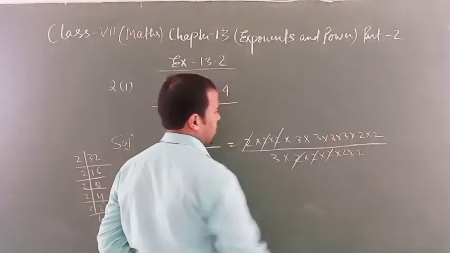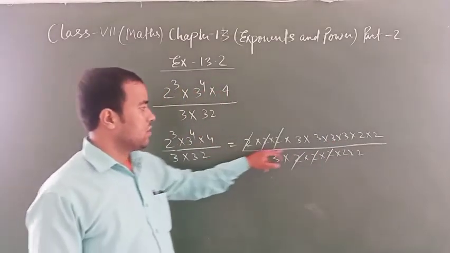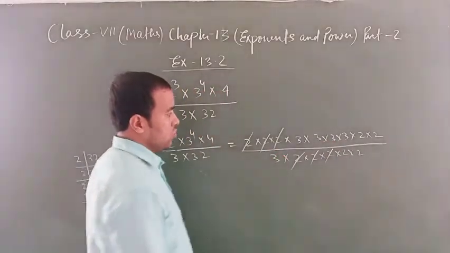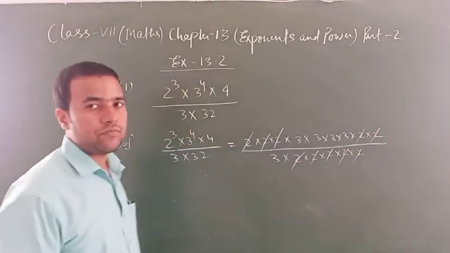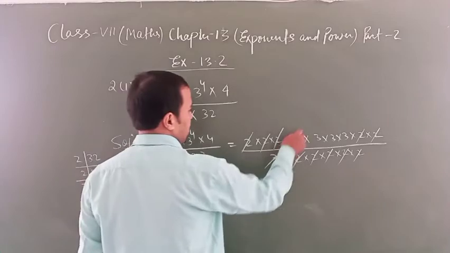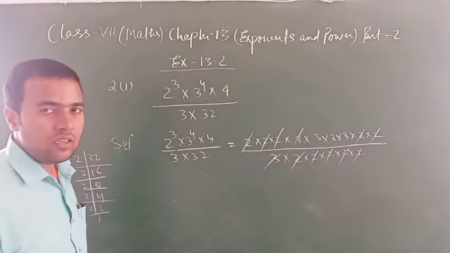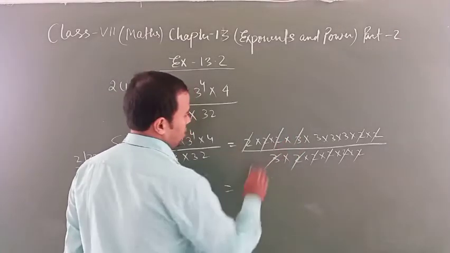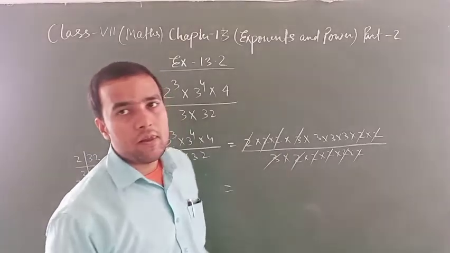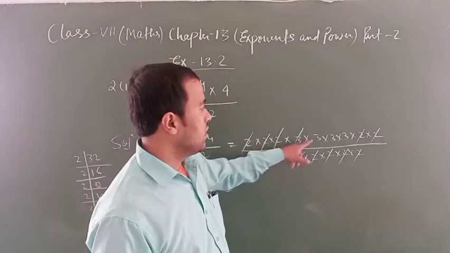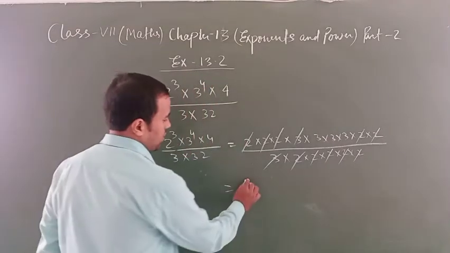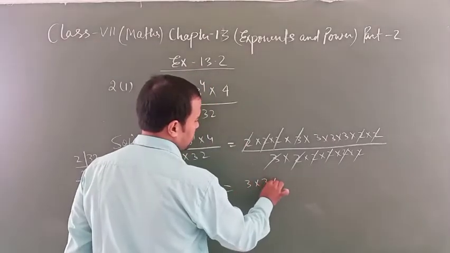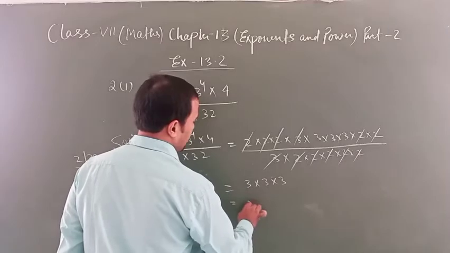These cancel because it is in divide form. The 2 in the 4 cancels with a 2. Now you see the rest of the numbers: you can write 3 into 3 into 3 into 3, 3 is there 3 times, which means 3 power.